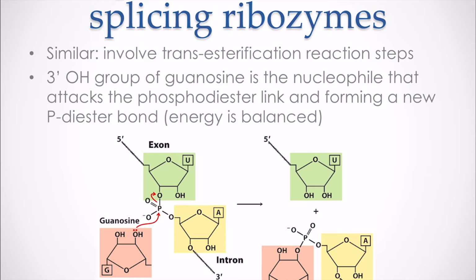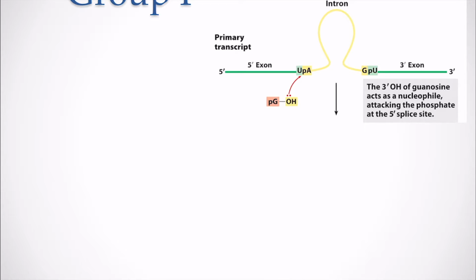And so they're going to have a 3' OH, which is a guanosine, and we'll talk about that. So guanosine is going to be a nucleophile, and that's going to attack the phosphodiester bond. And because guanosine is the actual nucleophile, shown here, there is no energy lost or gained. So for a group 1 transcript, we're going to basically have the guanosine, this is the attacker, and the PG can either be GTP or GDP or GMP.